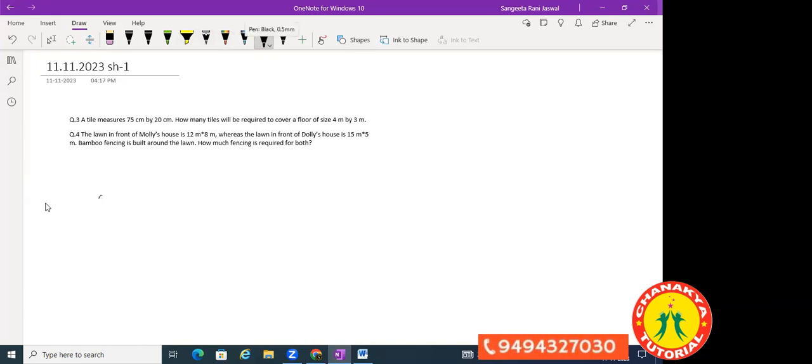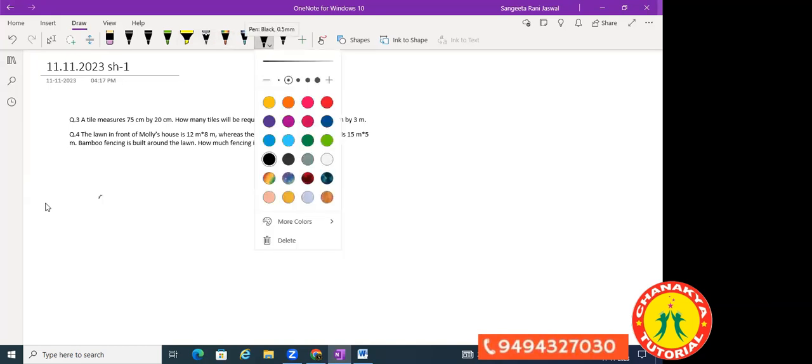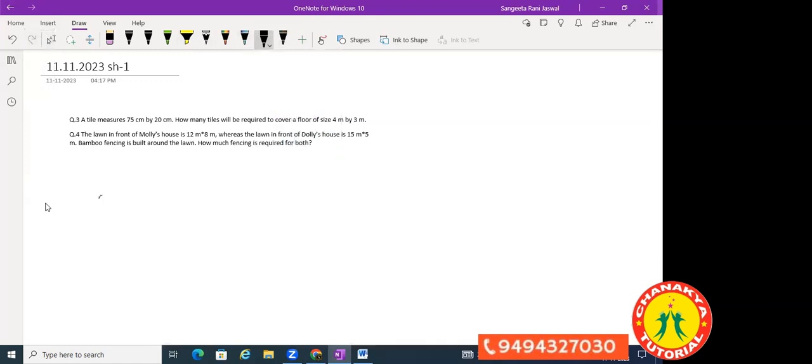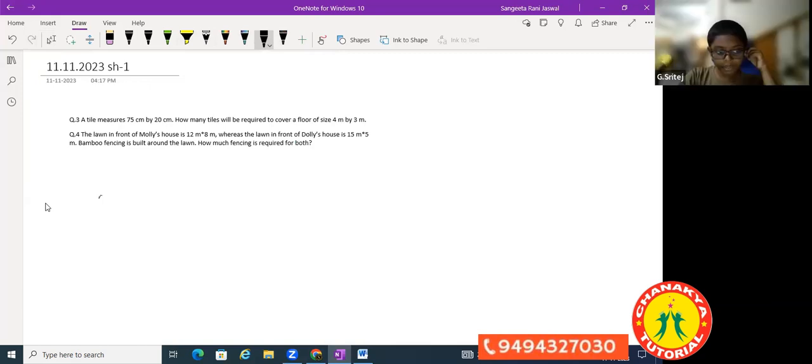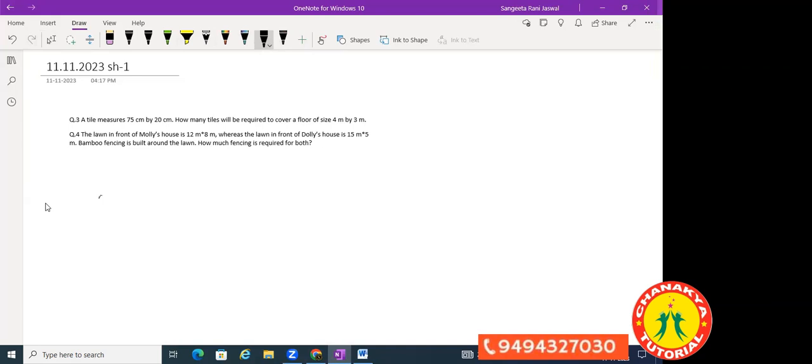First, we need to convert meters into centimeters. Then we have to find the area of one tile and the whole floor. And we should divide the area of the floor by the area of a tile.